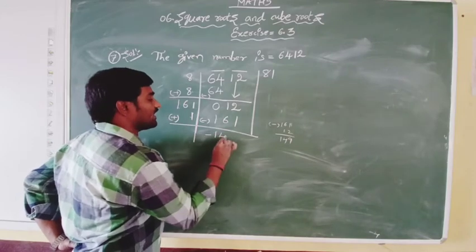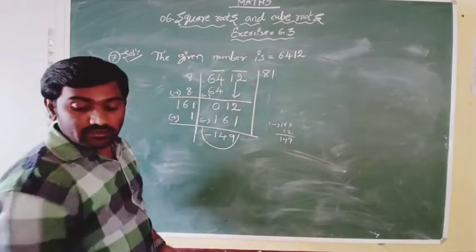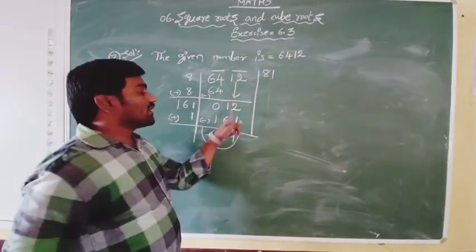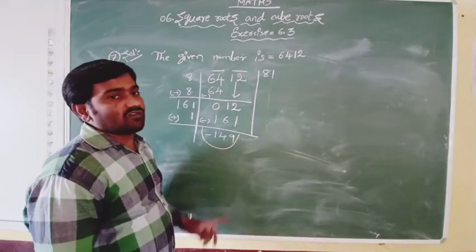So from 12 we cannot subtract 161, so we get negative, that is minus 149.